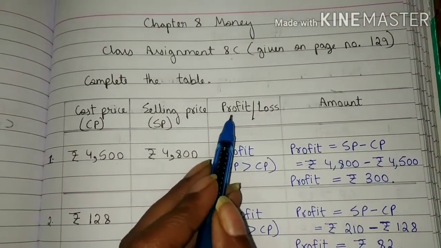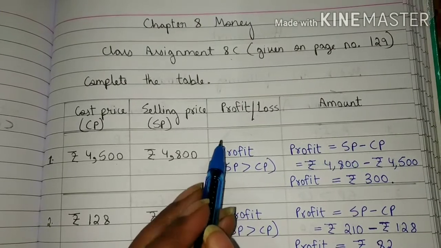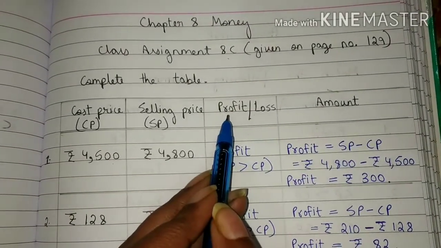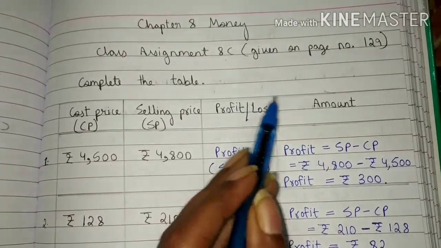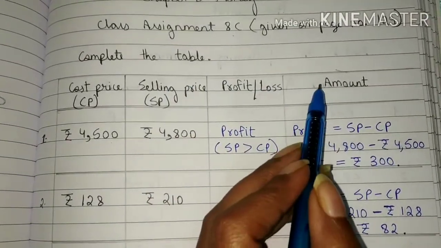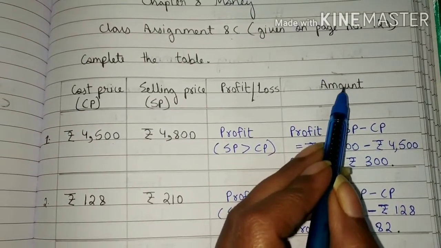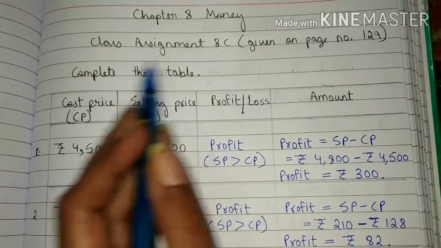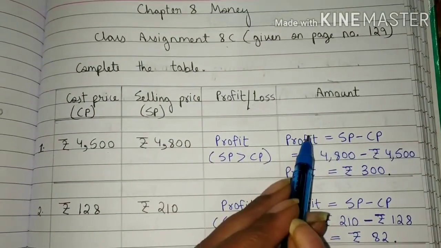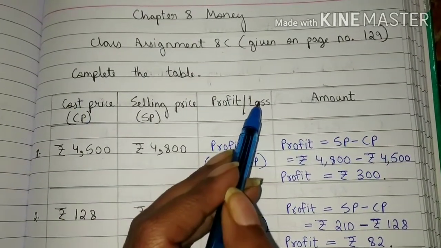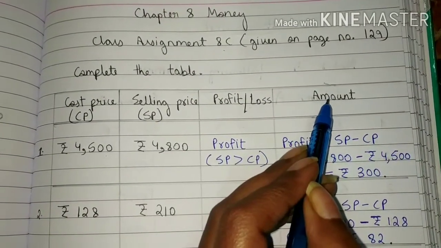If the given condition is profit, then you have to write profit. And if the given condition is loss, then you have to write loss. In this column, you have to write amount. It means if the given condition is profit, then you have to write profit amount. And if the given condition is loss, then you have to write loss amount.